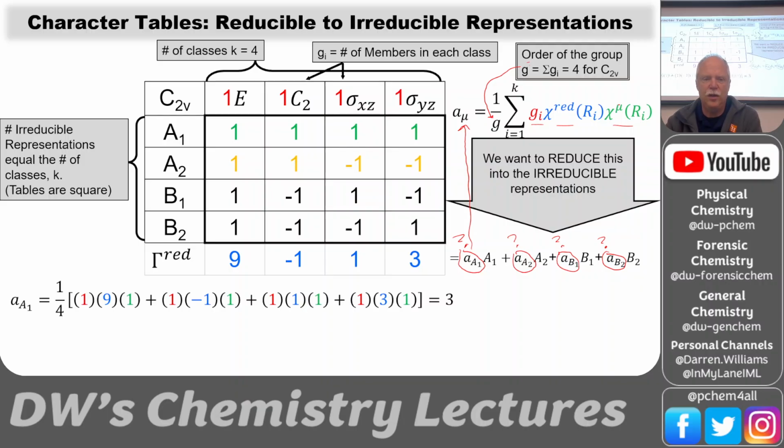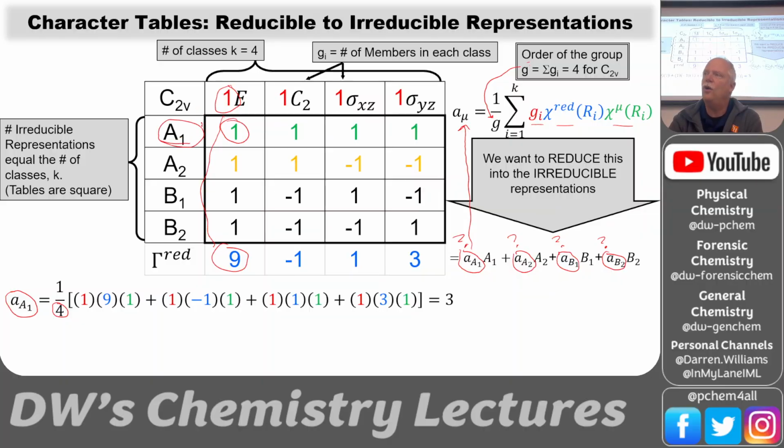So let's learn by doing. So this coefficient, the number of A1 rows we have, is 1 over 4, because that's g. So there's four column numbers. And then we have this g up here, the number of members in the E group, times the reducible representation, and then times the character on the A1 row.